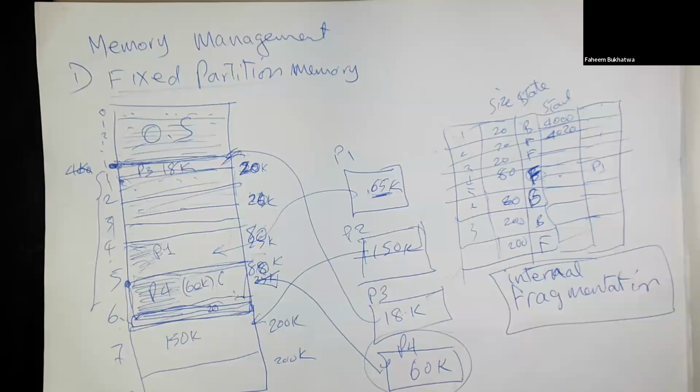And if you want to make it even clearer, or even if you can't explain it, give an example. You say, if we have a block, for example, of size 100, and we have a program of size 80 or 70.